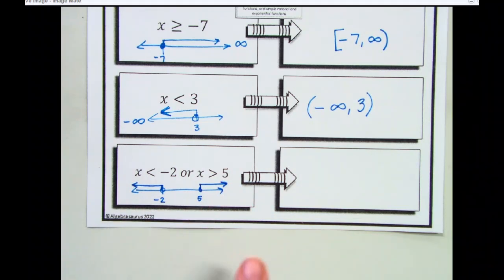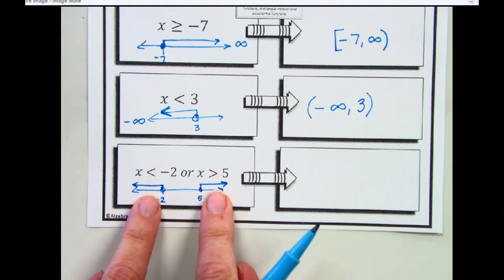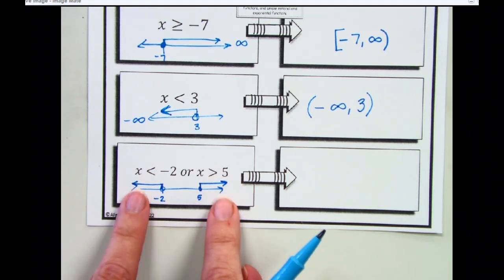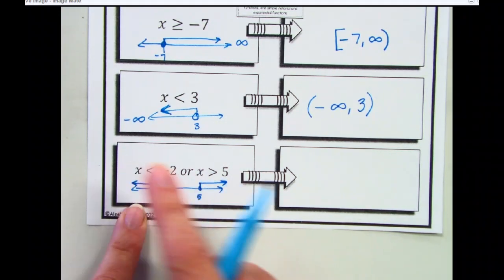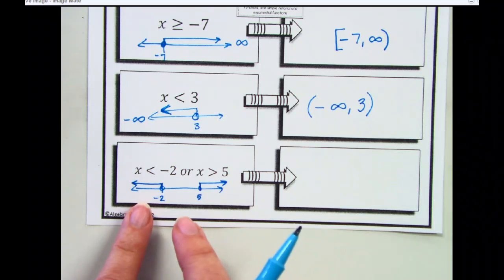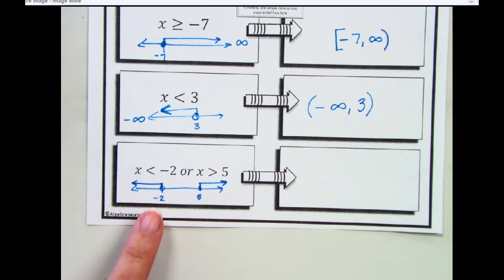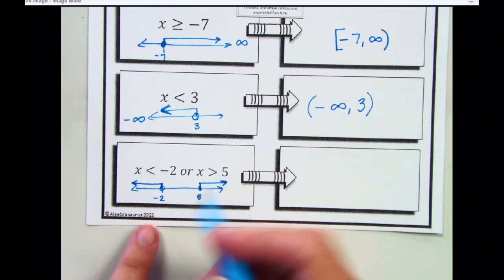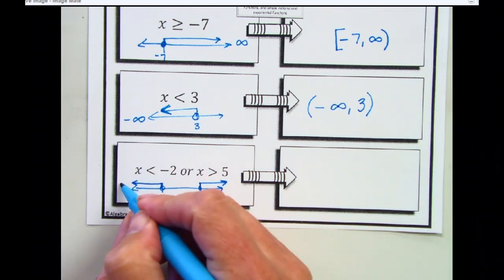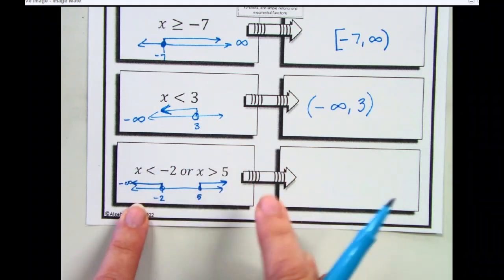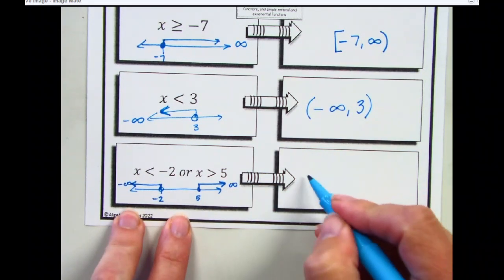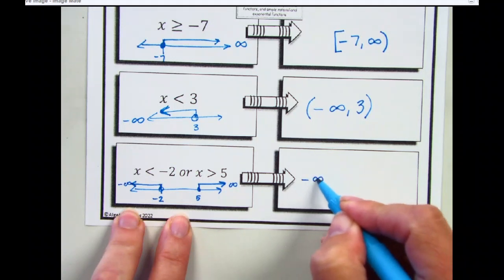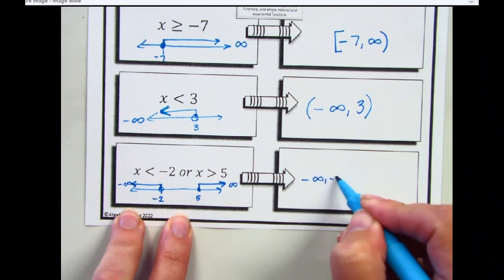Doesn't that represent two different sections? This one approaches negative infinity. This one approaches positive infinity. So I have negative infinity to -2.